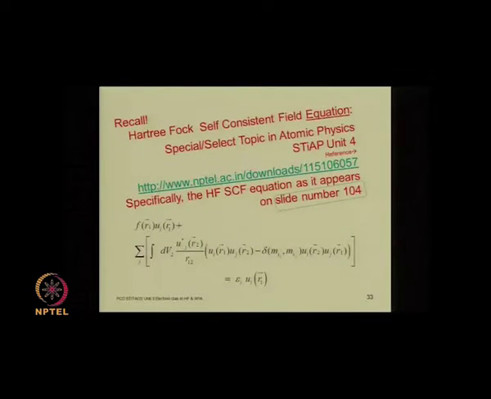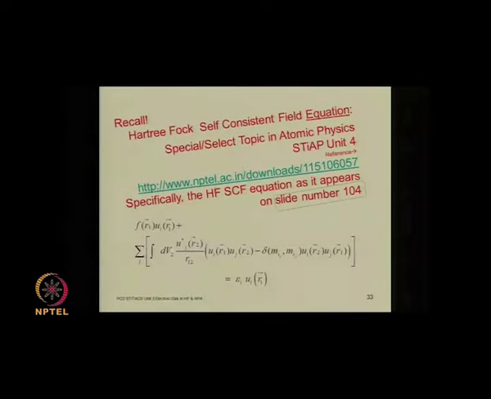This equation is what we obtained in considerable detail in our previous course, and if you remember, this relationship which we call the Hartree-Fock equation emerged as the condition that the expectation value of the Hamiltonian in the n electron state is a minimum according to the variational principle, subject to the constraint that the 1 electron spin orbitals which go into the Slater determinant are normalized and orthogonal, right.